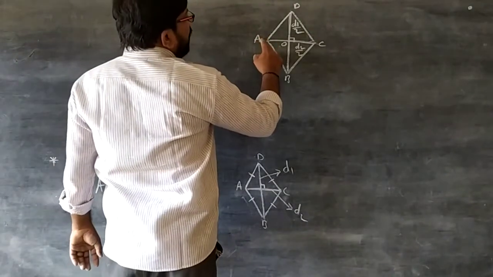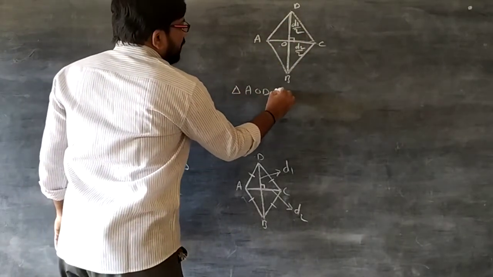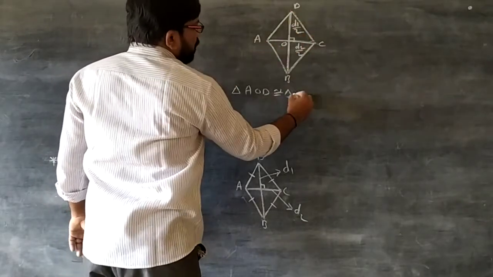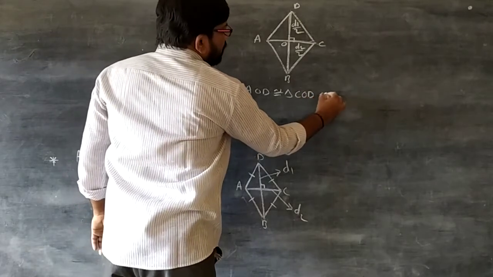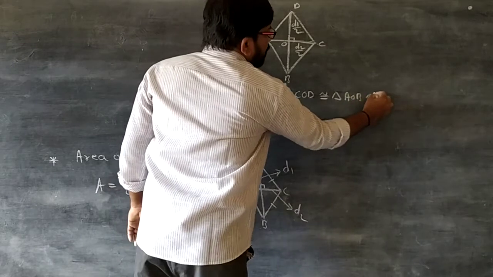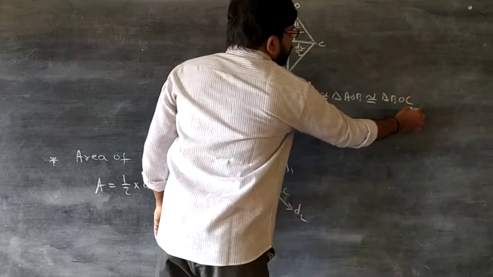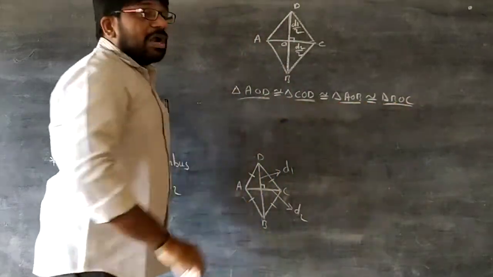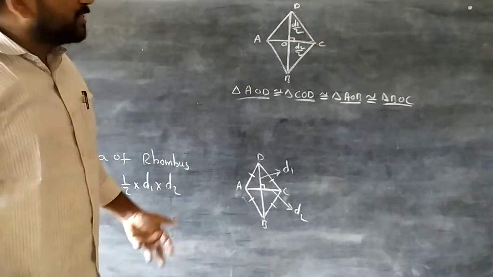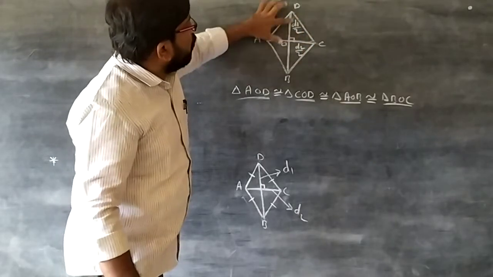So triangle AOD is congruent to COD, is congruent to AOB, is congruent to BOC, right? These four congruent right angle triangles have equal area, right? So what is the area for this triangle, only this triangle COD, right?